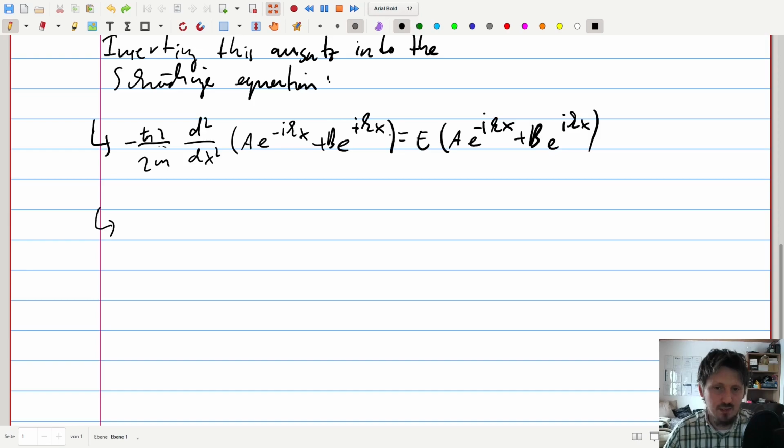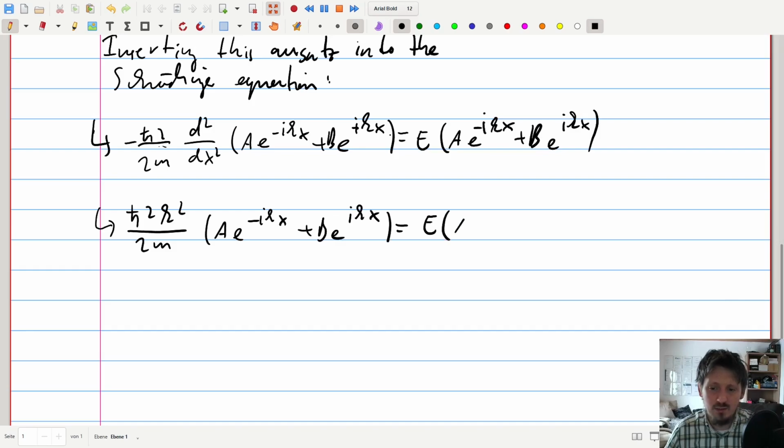So what we can write now is h bar square k square divided by 2m, and then we insert the same function: a e to the power minus ikx plus b e to the power ikx, equal to E times a e to the power minus ikx plus b e to the power ikx.